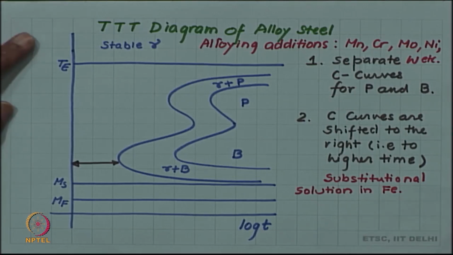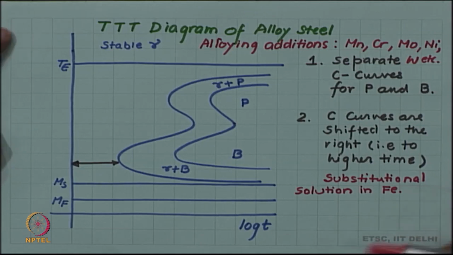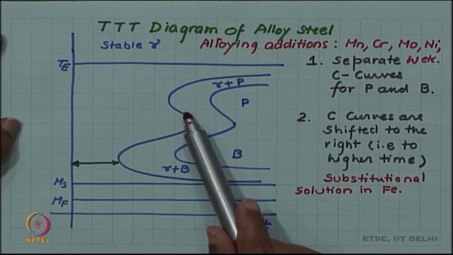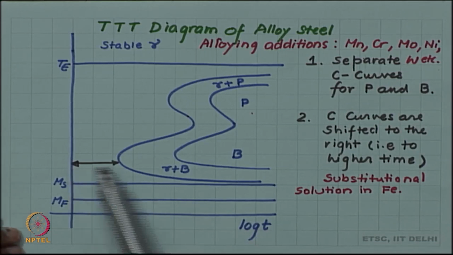And you have seen that carbon is an interstitial solute, and you have also seen in the diffusion chapter that substitutional solutes diffuse much slower than interstitial solutes. So, because of this slower diffusion of the alloying additions, both the pearlite and bainite transformations become slower and give you more time at the nose.